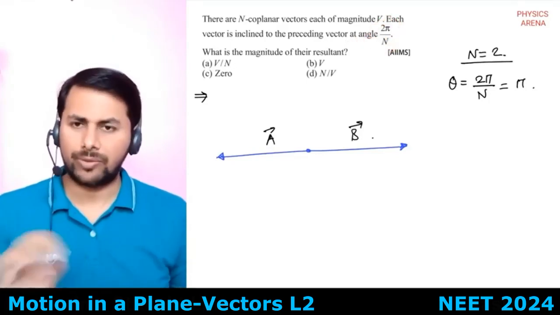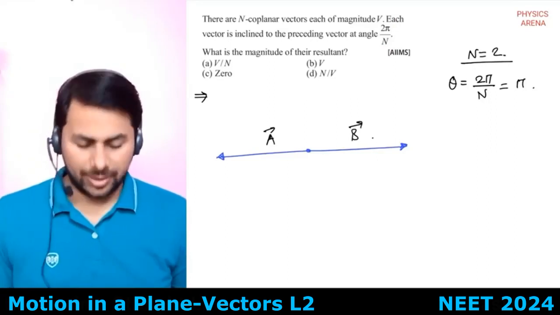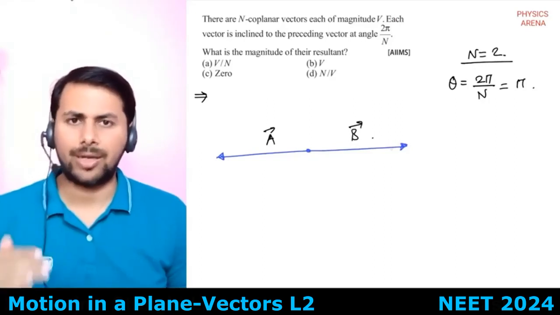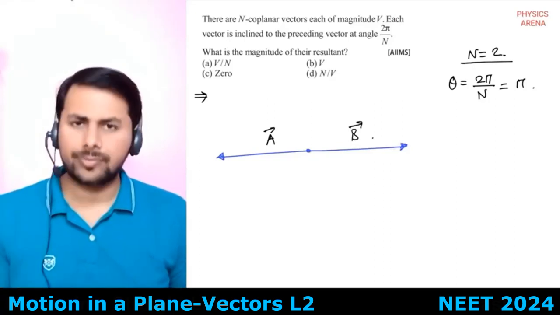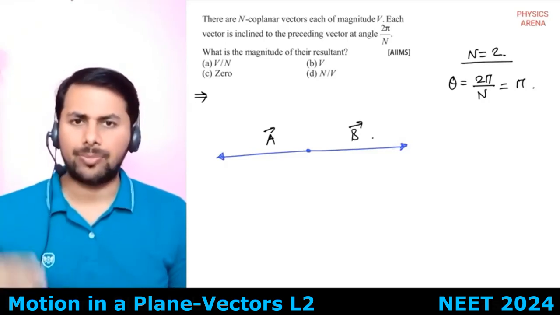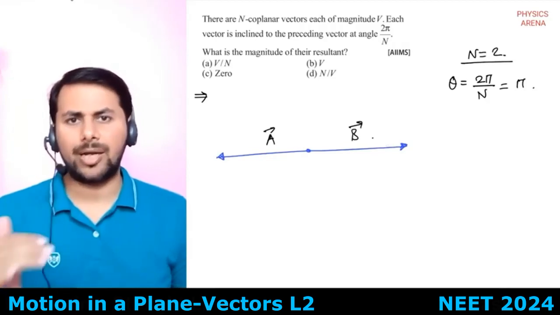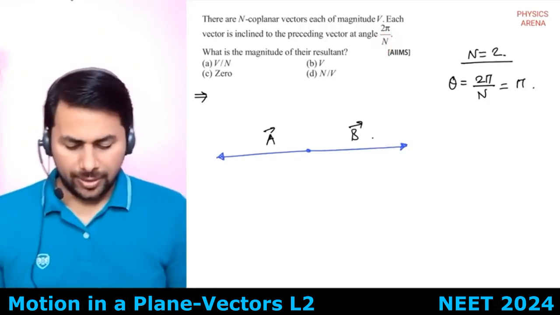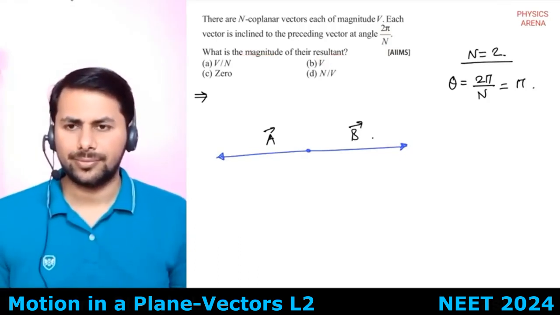So you draw one vector and the other one will be inclined to this vector by an angle of 2 pi upon n. If you have n vectors, the angle will be 2 pi upon n. That means if you have two vectors, the angle between the two will be 2 pi upon 2, right? N is 2. What is the magnitude of their resultant? This is the question.